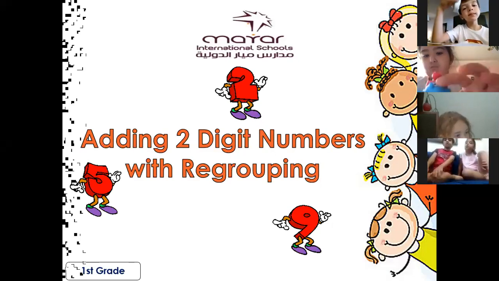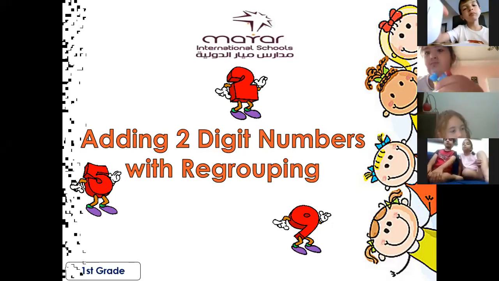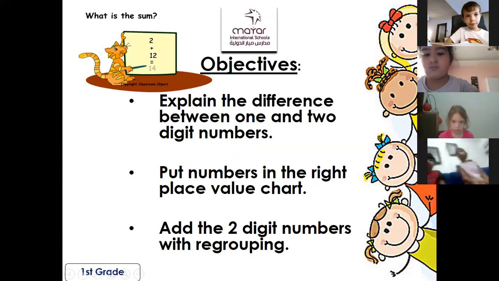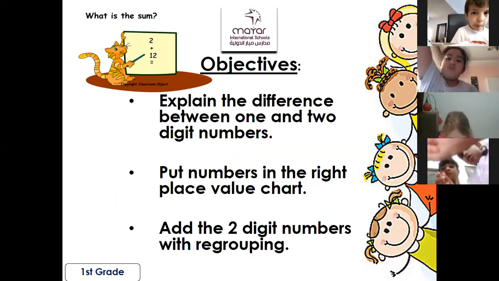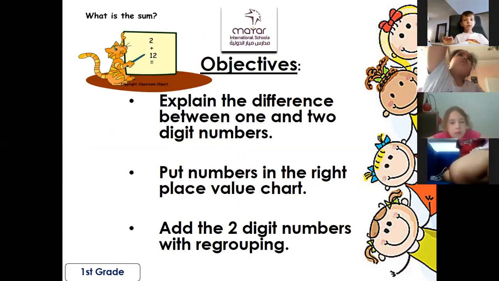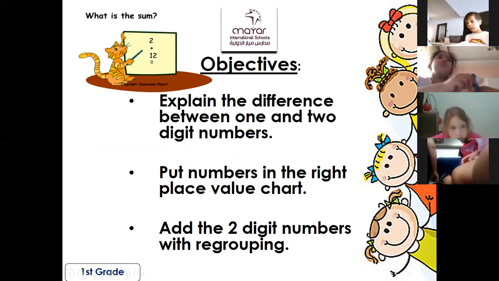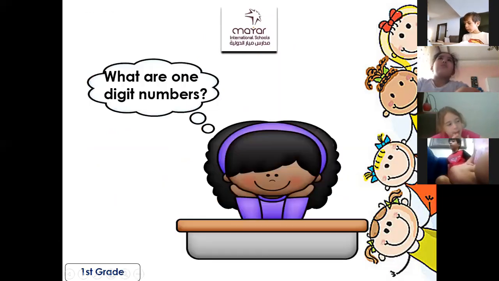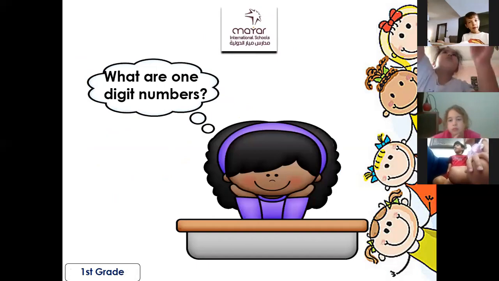The objectives of today's lesson, we will explain what is the difference between one. Okay, so let's start. First thing, what is a one-digit number, or what are one-digit numbers?